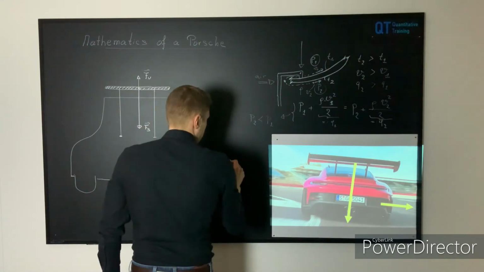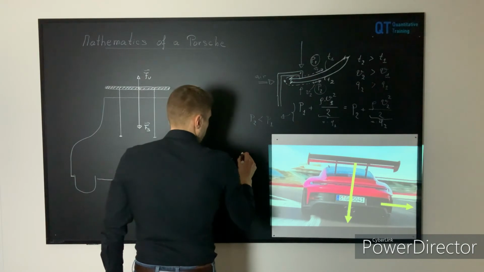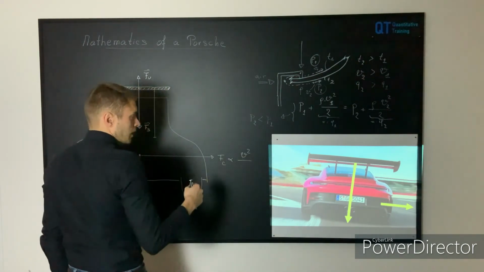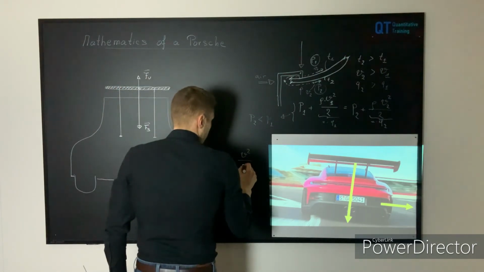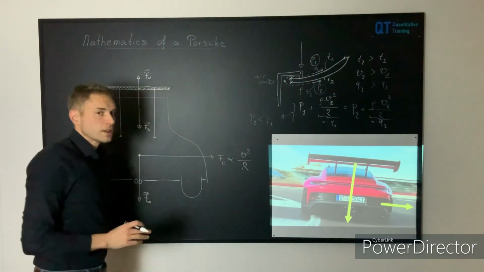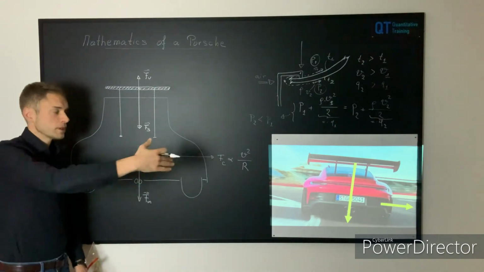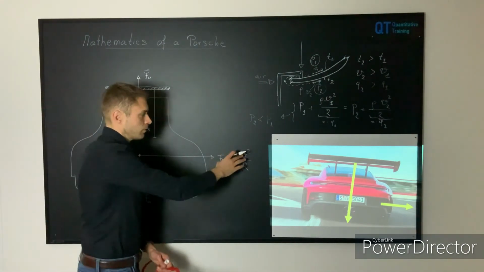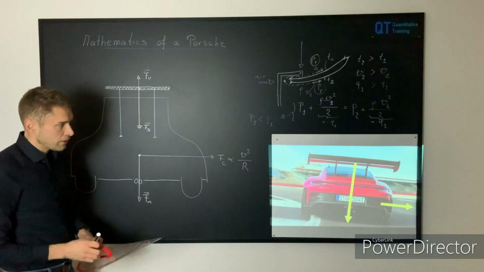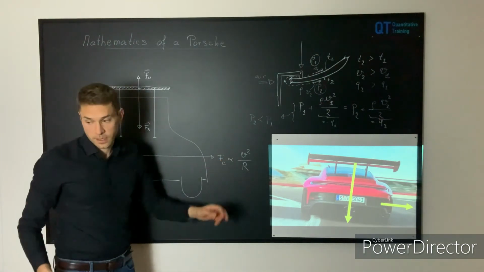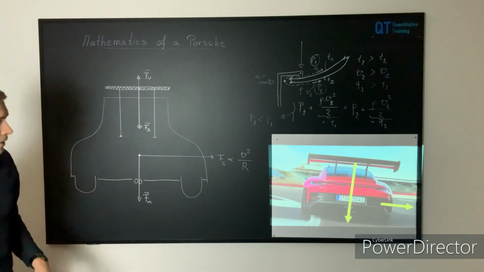This force is proportional to the square of the velocity of the car, divided by r, where r is the radius of the banked trajectory. But this is not so important for the moment. What you see is that it is directly related to the velocity of the car. That is important to keep in mind.